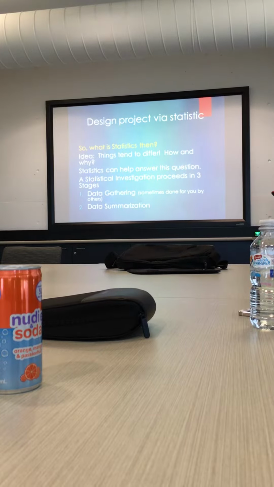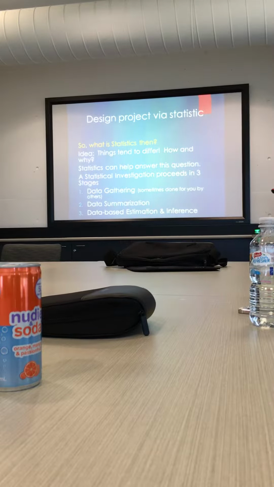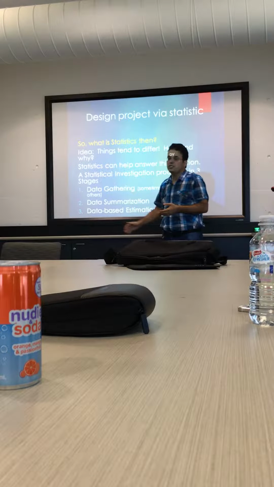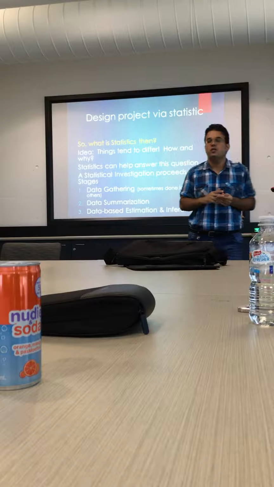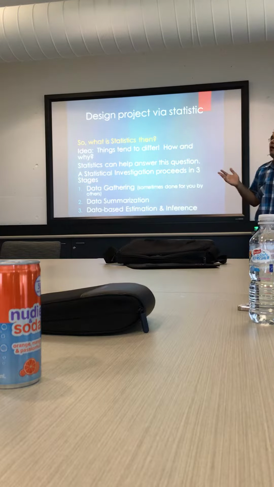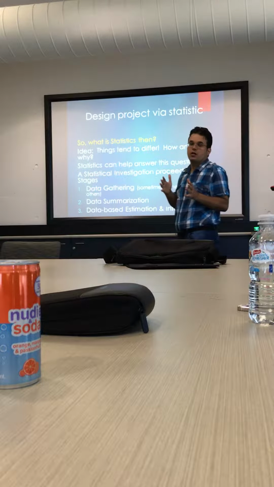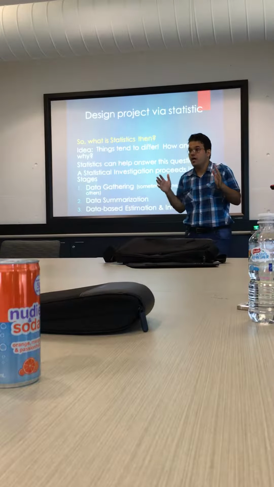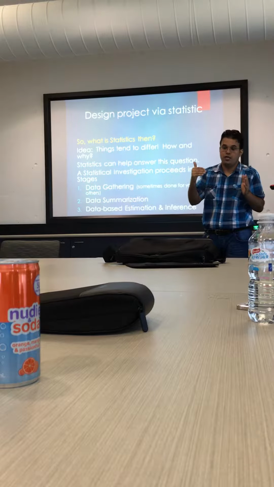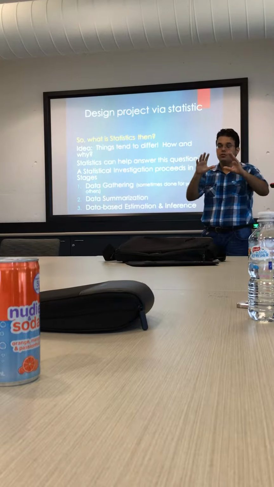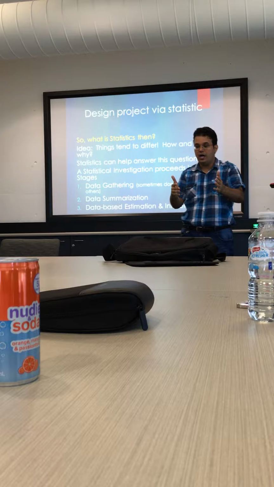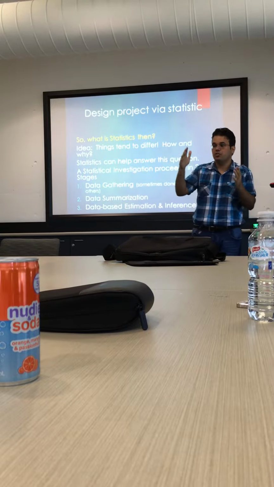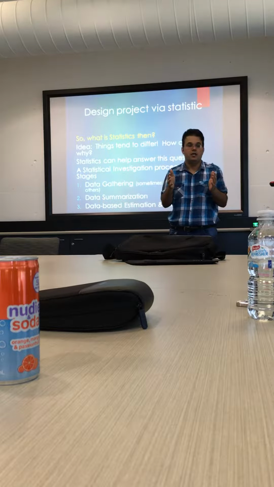Okay, the last thing is data basic estimation and inference. This is deep in statistics. This is related to variance and standard deviation, because when you make the project and start to analyze the data, you have the numbers, the data, and you will interpret it into graphs, like histogram, bar chart, we will see later.